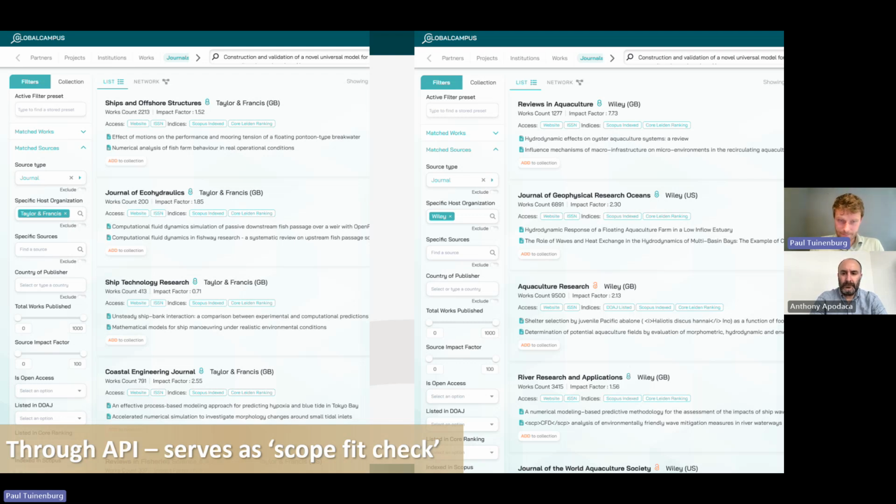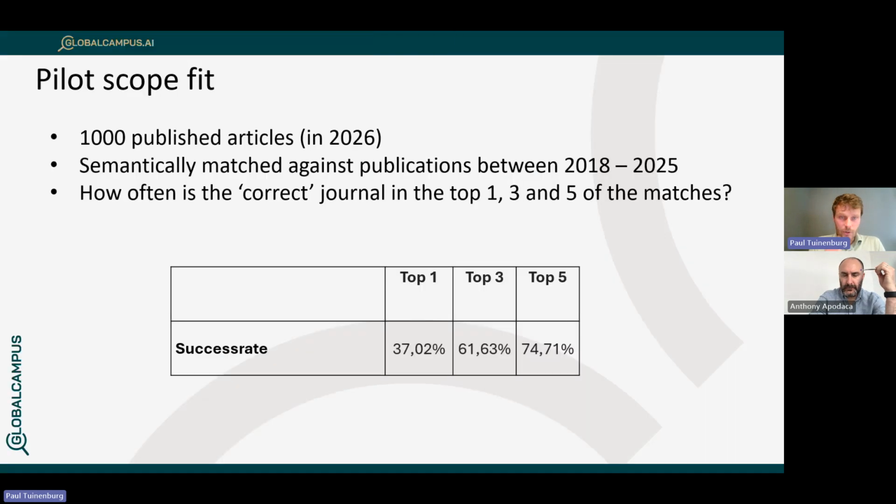And we've done some pilots with this, which I will show you right now. What we did earlier this year is we received 1,000 published articles that were published in 2026.